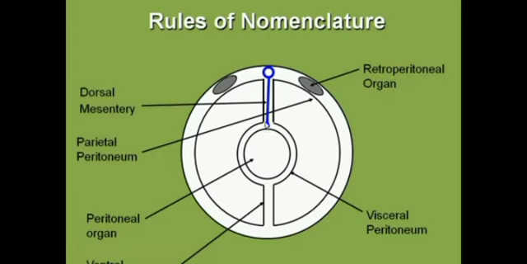So that's what mesenteries serve as. They serve as bridges or conduits to get structures from retroperitoneal to peritoneal positions, and therefore we can infer that all organs that are peritoneal organs will receive their blood supply through mesenteries, and that's going to be true.